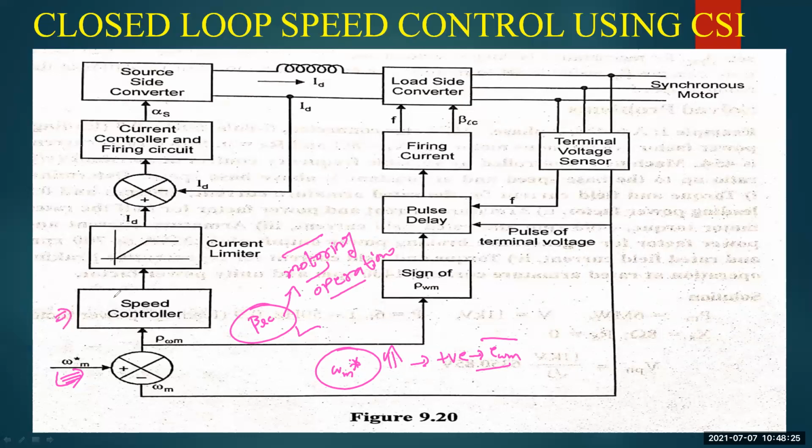The speed controller and current limiter set the DC link current reference, that is ID star, at the maximum permissible value. So the motor accelerates fast.